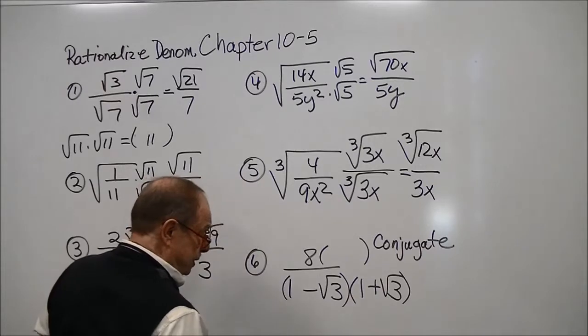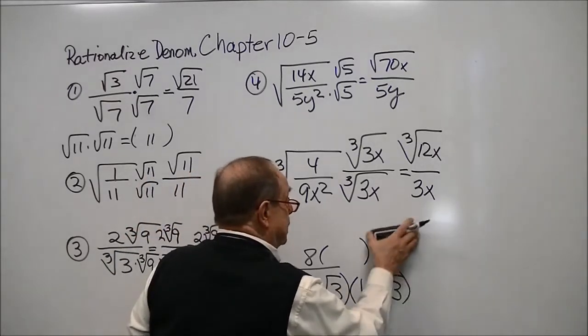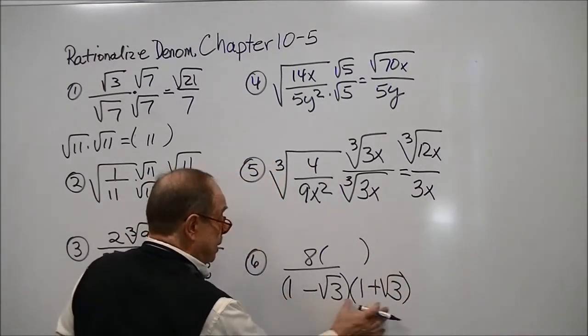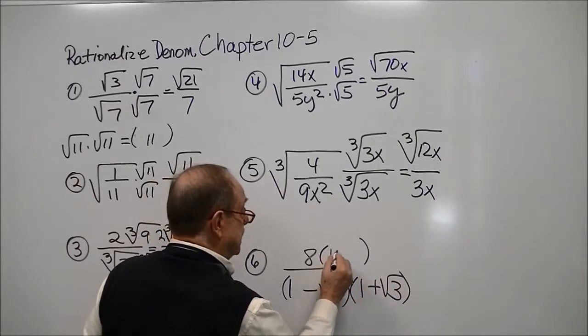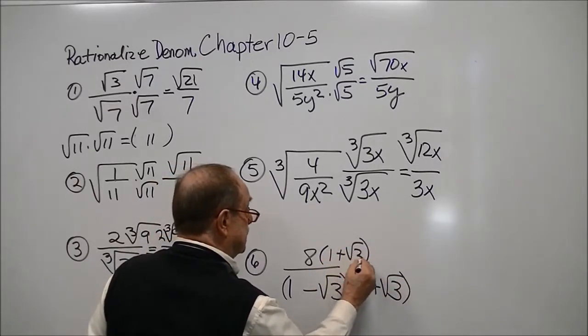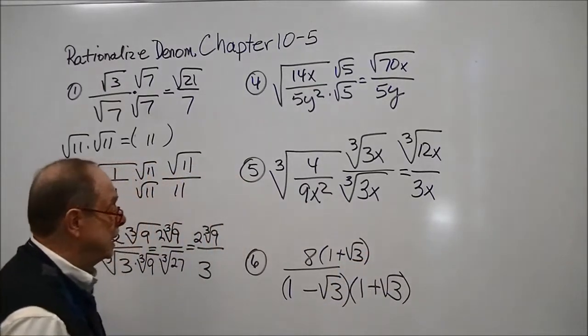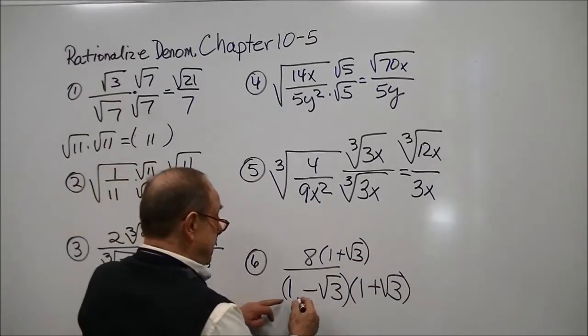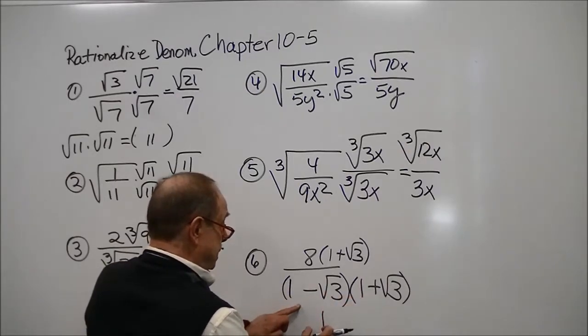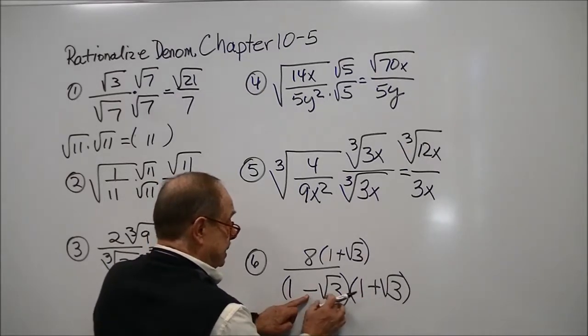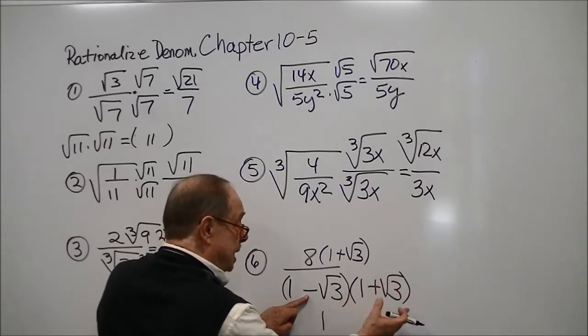And what happens when we do that? Well, when we do that, we don't get a middle term and we take care of our radicals here. So our denominator then will be 1. 1 times 1 is 1. Minus, this is going to be the square root of 9.